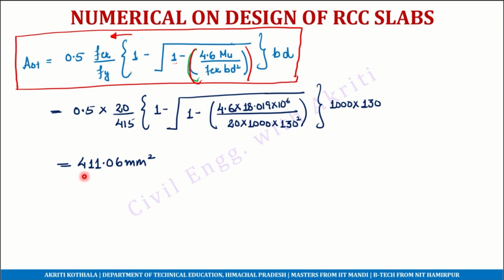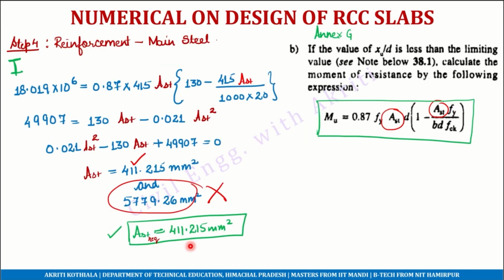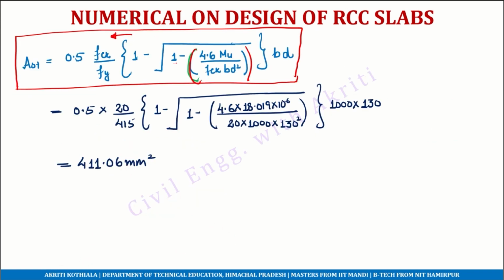We obtained a value of 411.06 millimeters square, which is very close to the value we obtained from the other method. And in this case, we obtained just one value which is directly usable. So this is our required main steel, and we'll move forward with this value. In the exam, you can use either of the equations, whichever suits you.